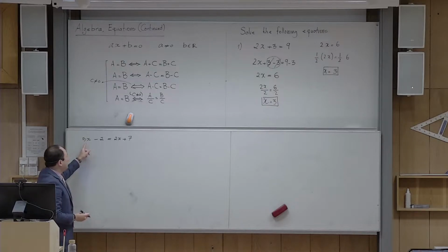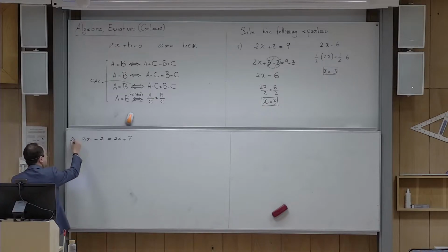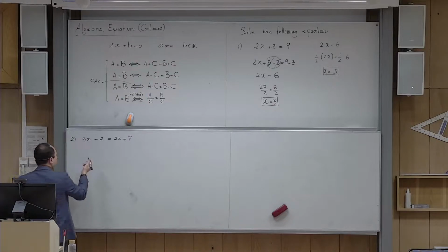So here, the main difference between this problem and the first example is that I have an unknown on the left, an unknown on the right. So I should have one unknown on one side with coefficient 1 alone, and every other thing on the other side. So this motivates me. For example, we can do it in some steps.